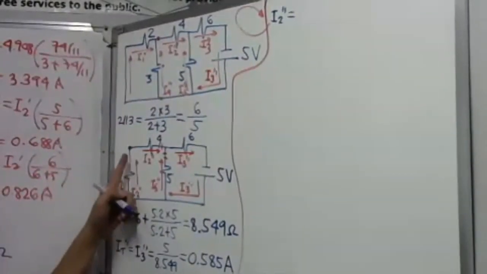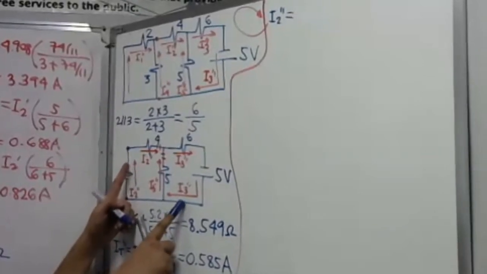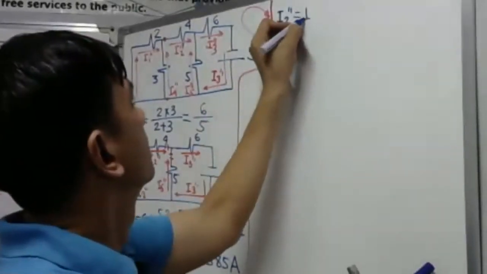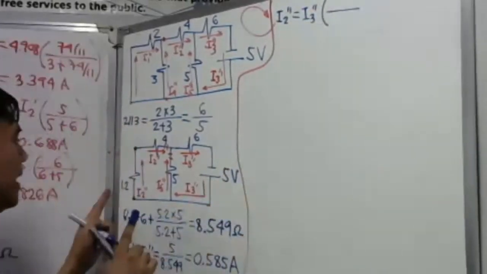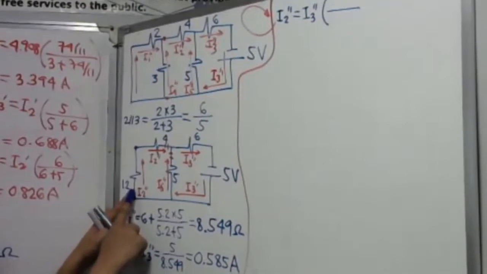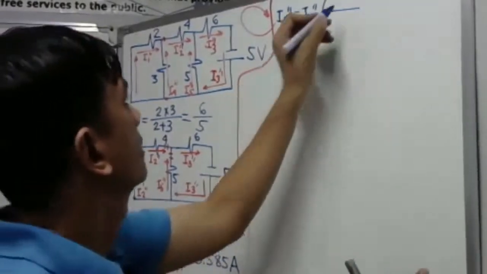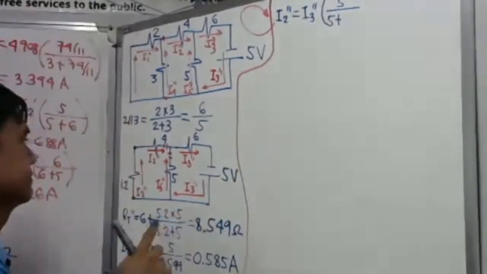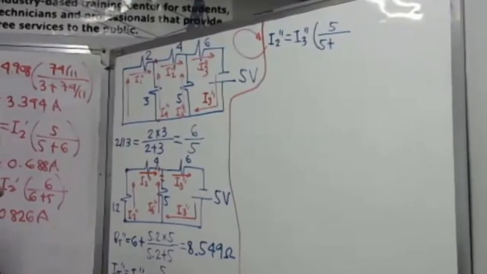Take a look here. Of course, what is the resultant current? The resultant current is I3 triple prime. What is the opposite resistance of I2 double prime? Opposite, 5. Then over 5 plus 4 plus 1.2, we have 5.2.